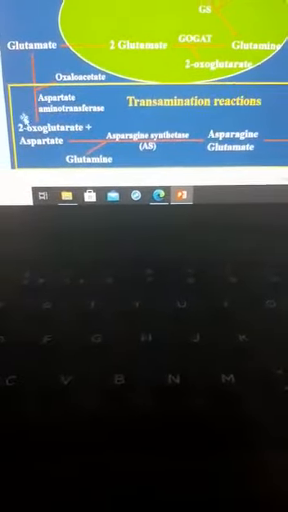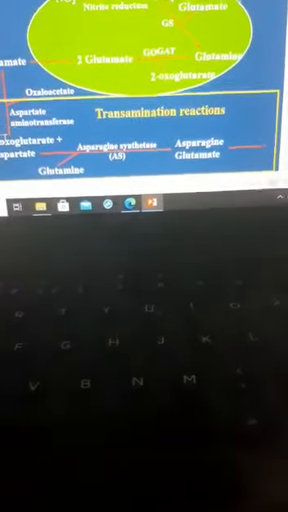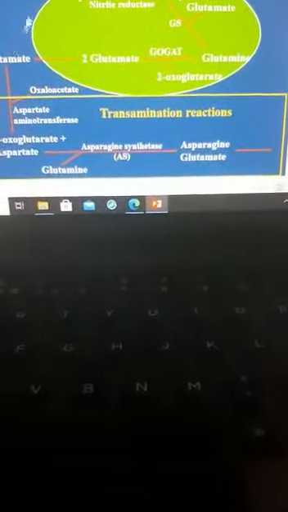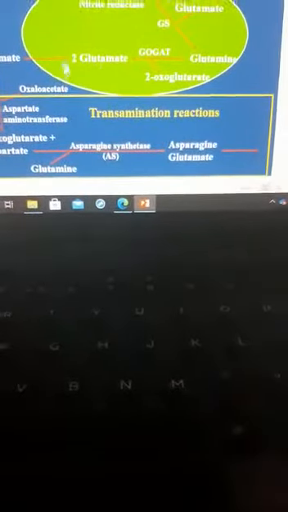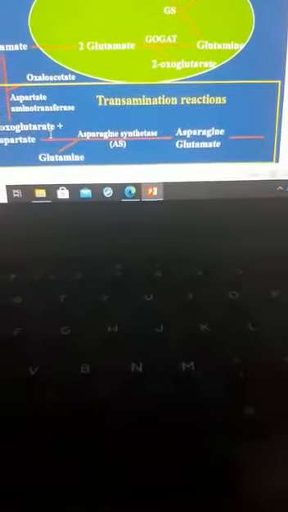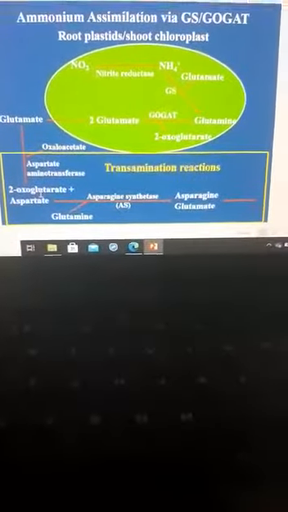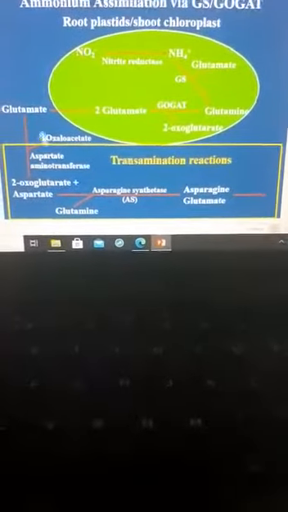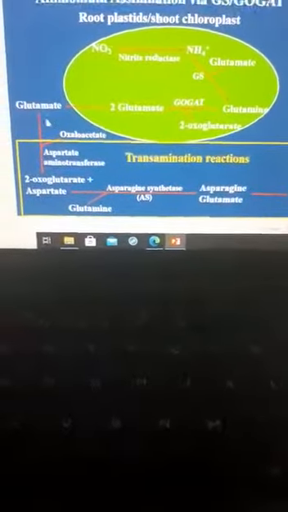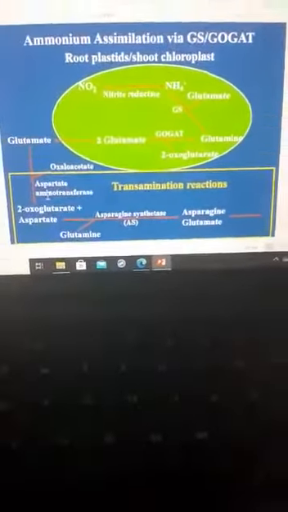This is called a transamination reaction. And then from there, more nitrate can be taken up, and its nitrogen can be incorporated into glutamic acid, which will donate it to another organic acid, forming a new type of amino acid.